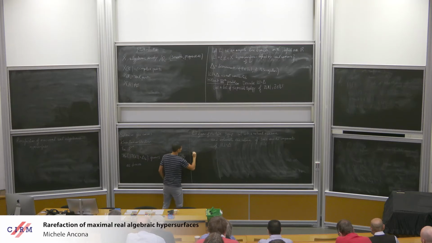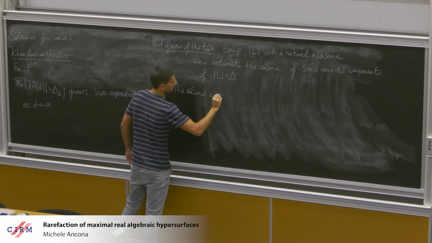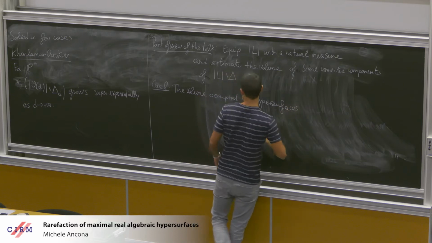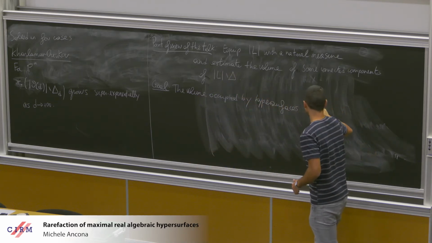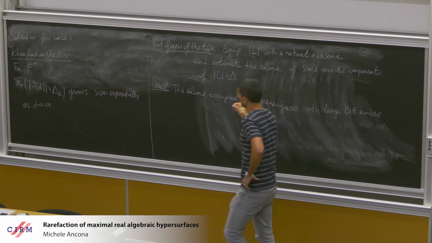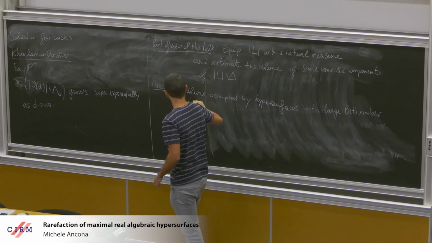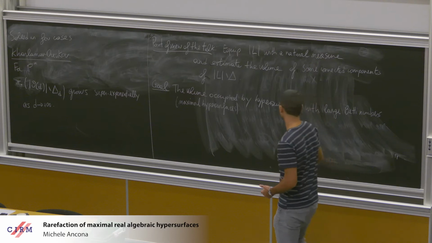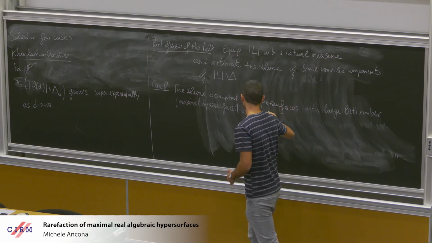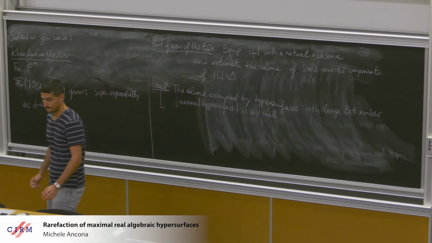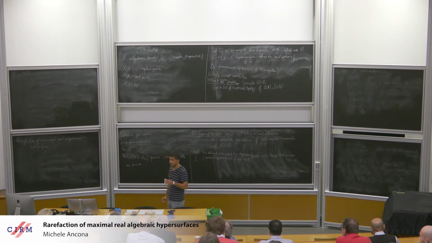And more precisely, today I will show that the volume occupied by hypersurfaces with large Betti numbers, for example maximal hypersurfaces, is very small, exponentially small.